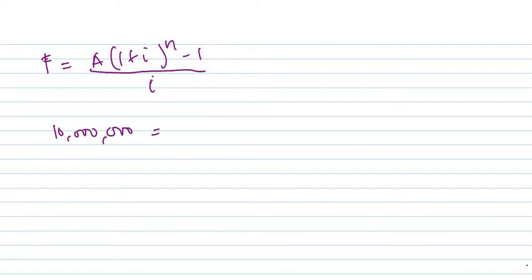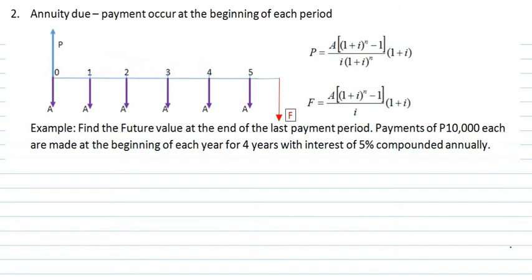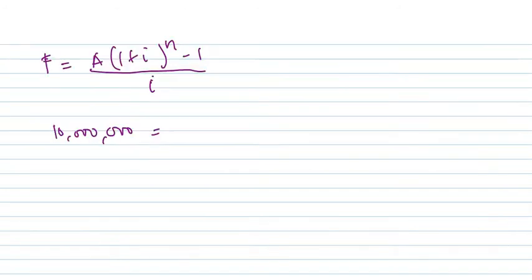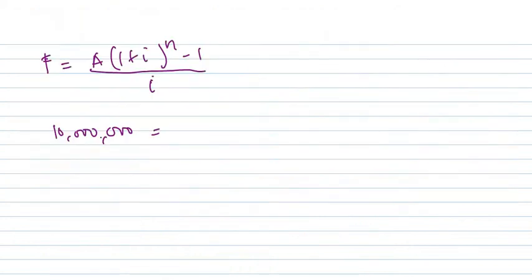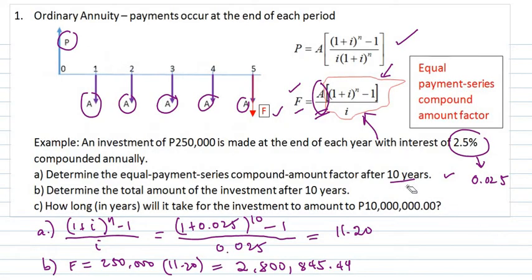And then our A, the annuity, is 250,000, multiplied by (1 plus I) raised to n. Our I here is the percentage, 0.025.